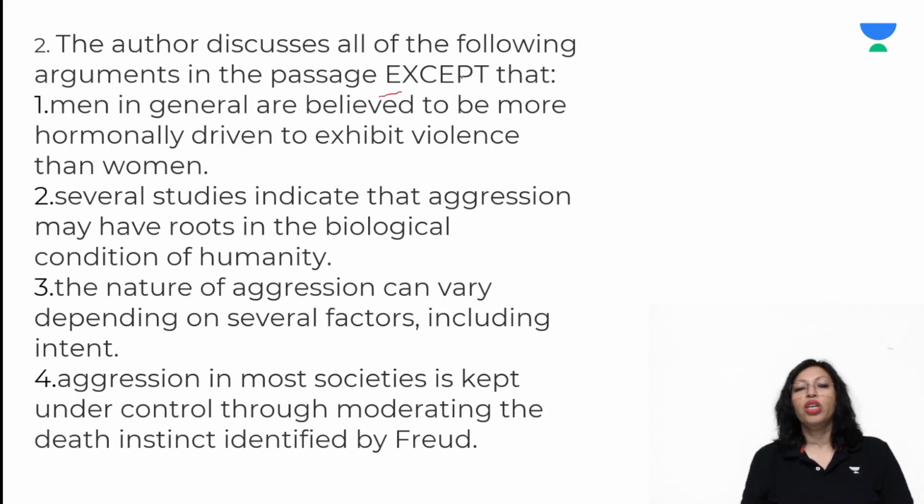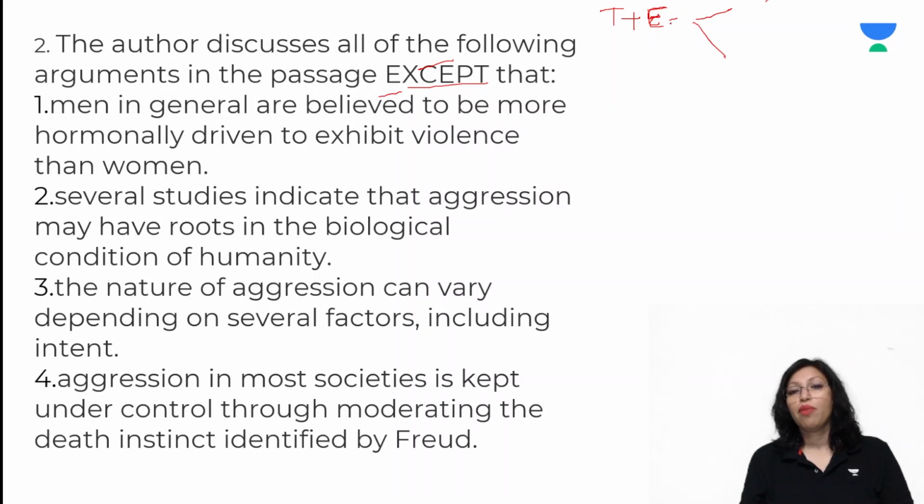Now guys, when you're doing the except question, please understand this is a true plus except question. Okay, because he says the author is discussing all of these except, so that means the ones that are mentioned in the passage, they are the ones that are going to be true, and the one that is either not mentioned or the one that is false according to the passage will be your answer.